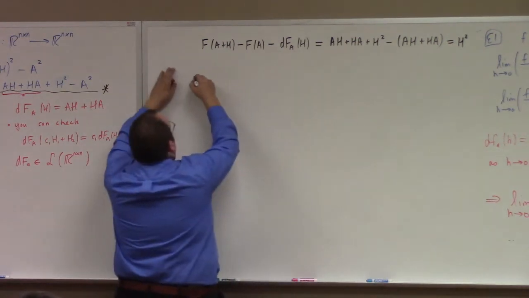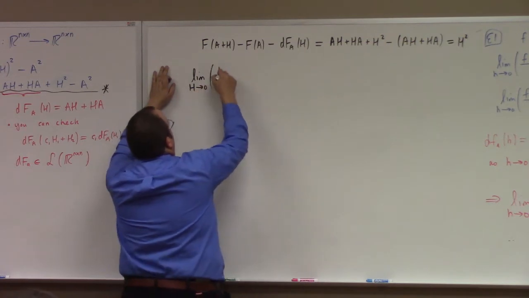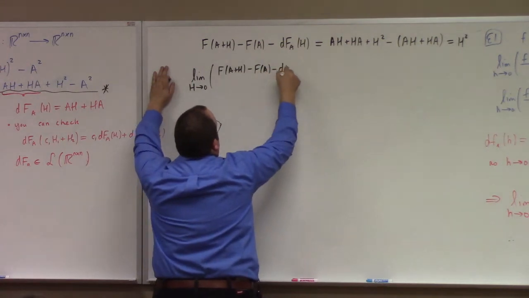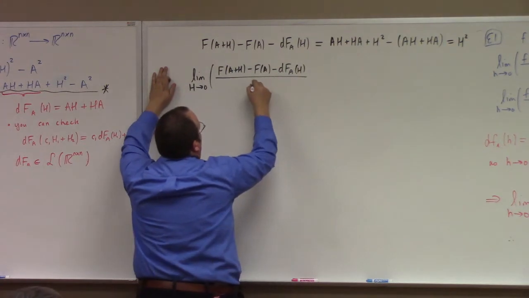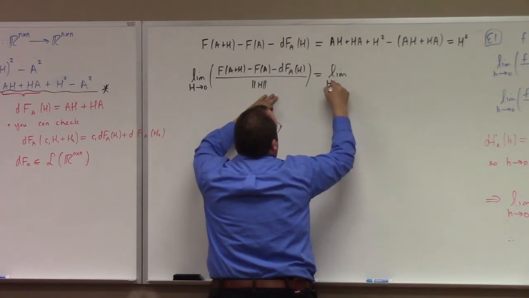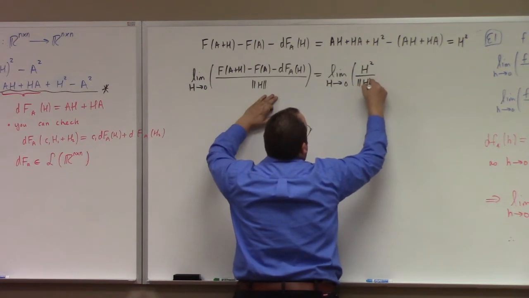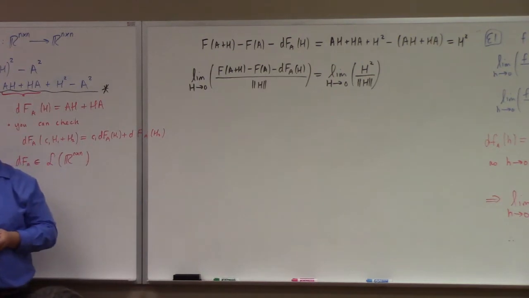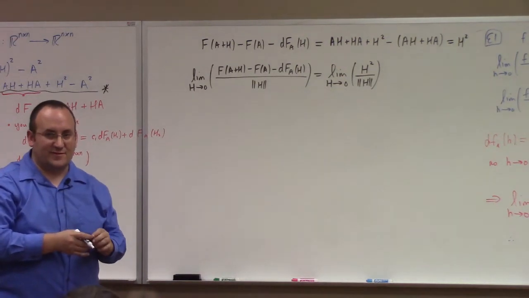So we have that the limit as h goes to 0 of the Frechet quotient is the limit as h goes to 0 of h squared divided by the norm of h. We need to show that that's 0. Are we on board now? Or, I mean, have I made it confusing? A little bit, sorry.